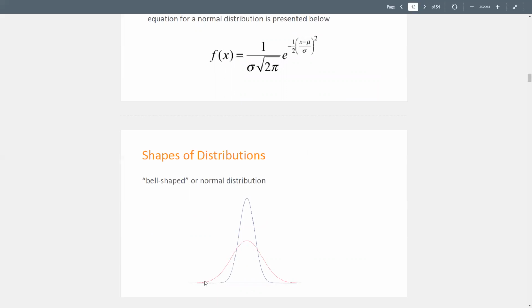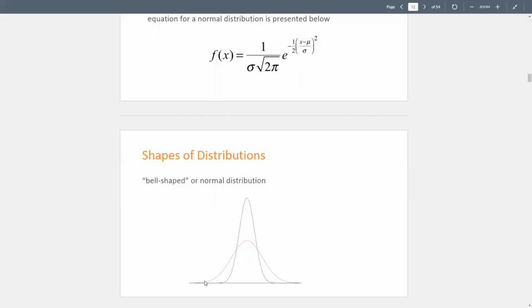We'll talk in the next module on probability distributions about why the normal distribution is so important in statistics. There's a theorem called the central limit theorem that makes the normal distribution very important. It basically says that the sum of independent random variables will approximate a normal distribution as the sample size increases.